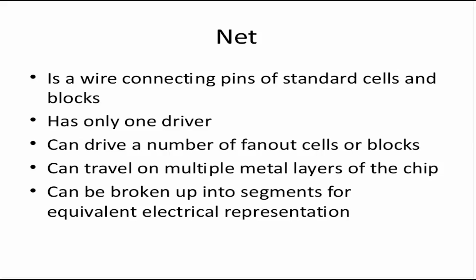A typical 65 nanometer or 45 nanometer process might have 6 or 8 metal layers. If metal 1 is horizontal, metal 2 will be vertical, and so on. Two consecutive layers will be vertical and horizontal to reduce signal integrity issues.